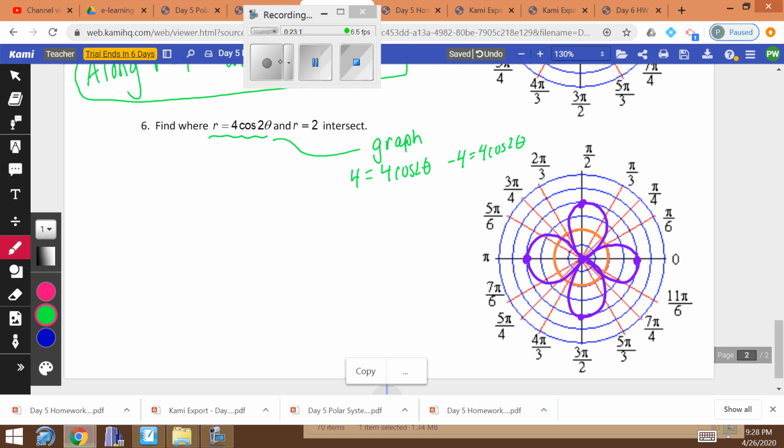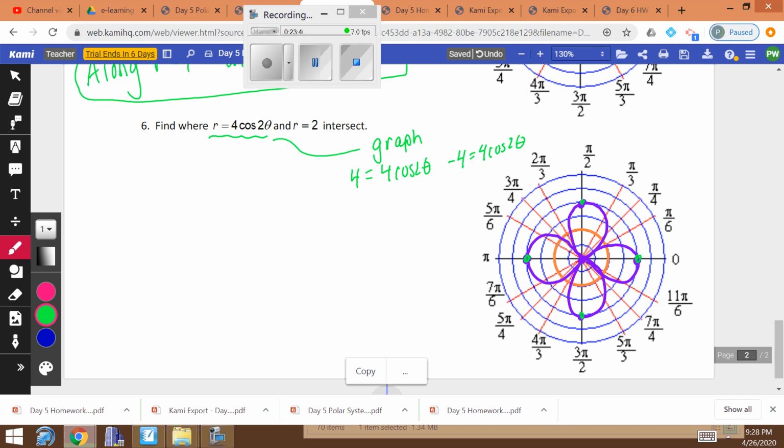If you were to only solve where r was 4, you would only get these 2 points. Where r is -4, you would get the other 2 petals. So you need to think that the r value, when you're going all the way around your circle, could actually be positive or negative along the way.